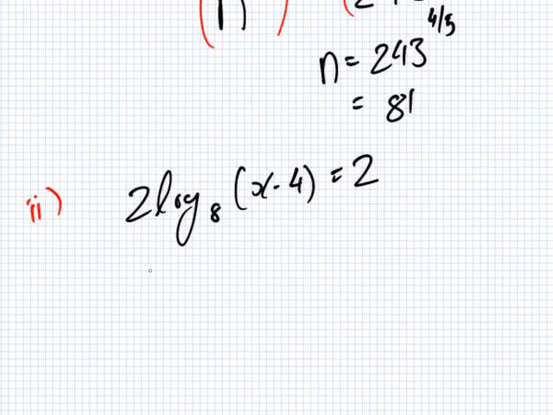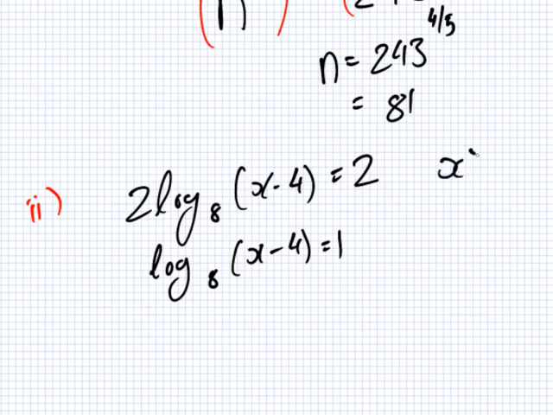Well, cancel the 2. So log base 8 of (x minus 4) equals 1. By the way, I should say that x is bigger than 4. Why? You can't have the log of a negative or 0.